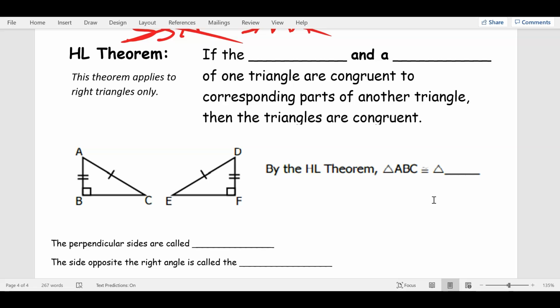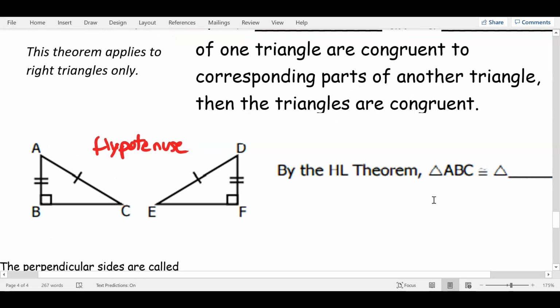Now these two words, I don't know if you've heard them before, hypotenuse and the leg, okay? Let me just show you on the picture. Hypotenuse, H-Y-P-O-T-E-N-U-S-E. I know some people haven't even seen this word before.